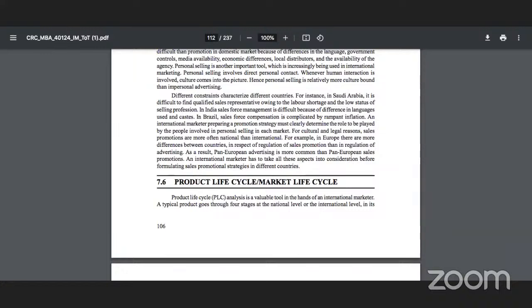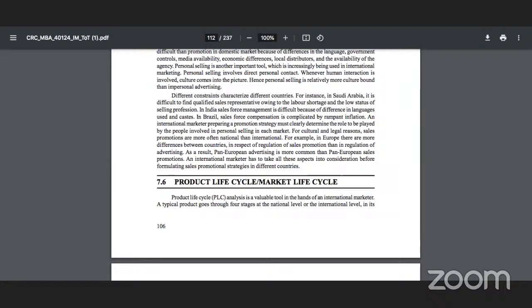For example, in Saudi Arabia, it is difficult to find qualified sales representatives due to the labor shortage and the low status of the selling profession. In India, sales force management is difficult. And why so? Because of differences in language and also the caste system.